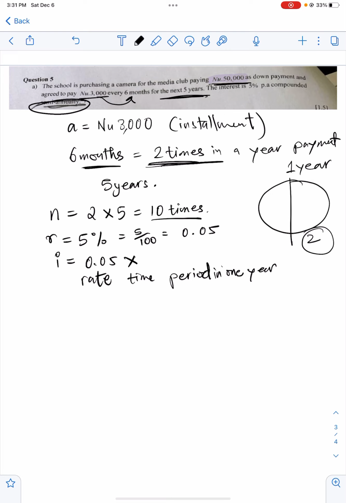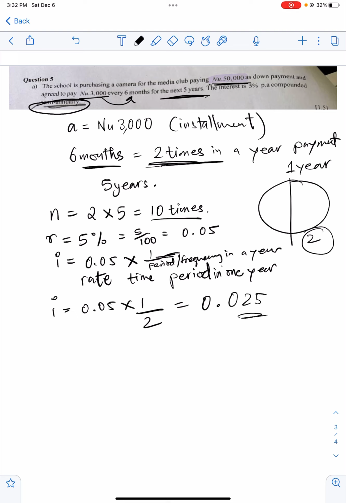How many times are they paying in a year? 2 times. So 1 over the period frequency in a year. Which means your I is 0.05 times 1 over 2, which is equal to 0.025.